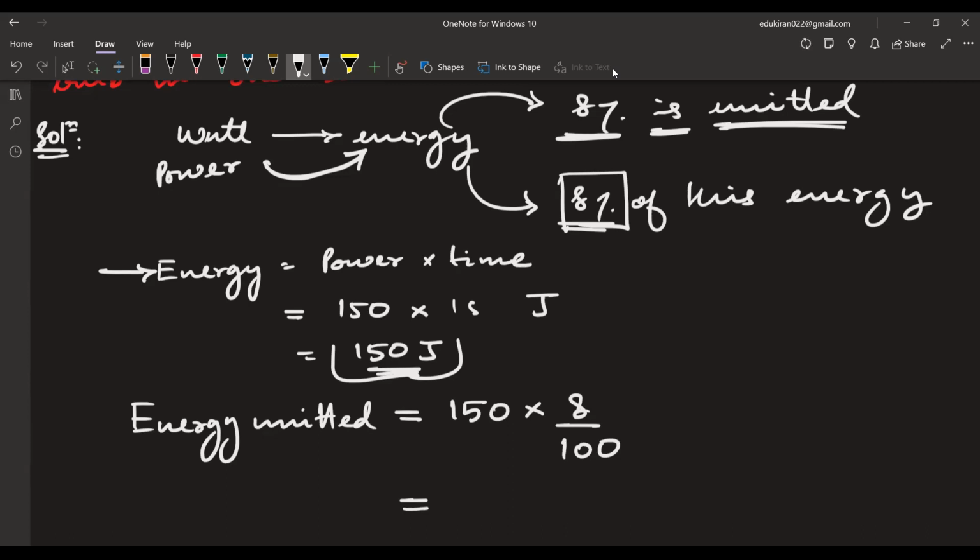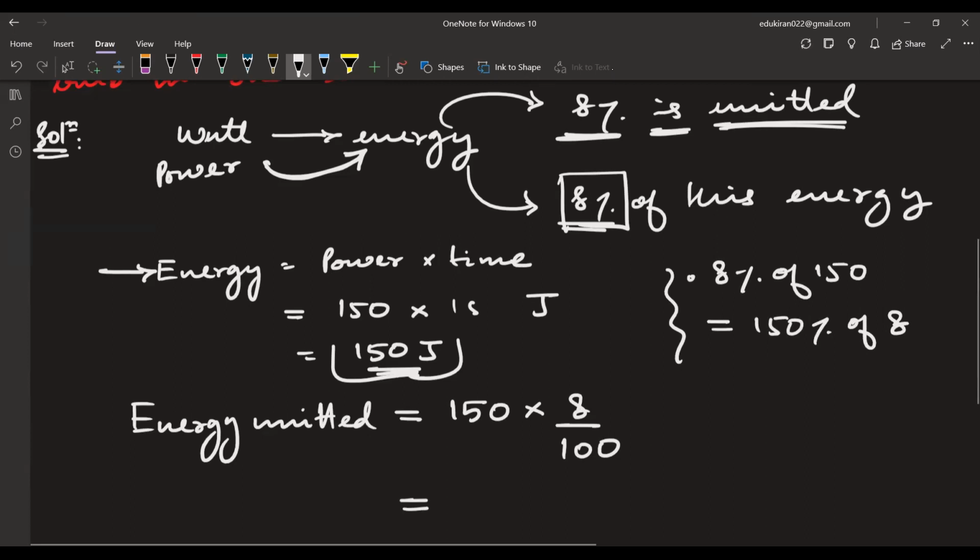Let me tell you a trick. Whenever you have a percentage type of question, reverse it and see. 8% of 150 will be equal to 150% of 8. This is for all of you, Iram, Fahad, and Aisha.